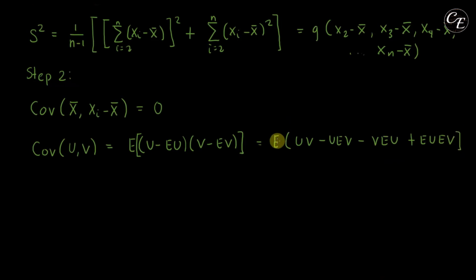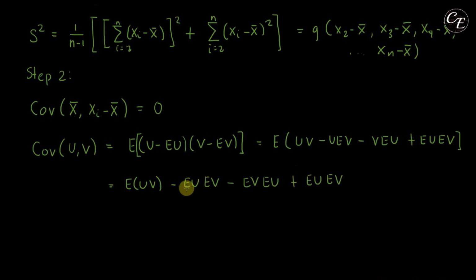Then distributing this expectation over each term, we have expectation of uv, then minus expectation of u times expectation of v, since this expectation of v is already a constant for the expectation. Then minus expectation of v times expectation of u, since expectation of u is a constant. Then plus expectation of u times expectation of v, since both are constants.